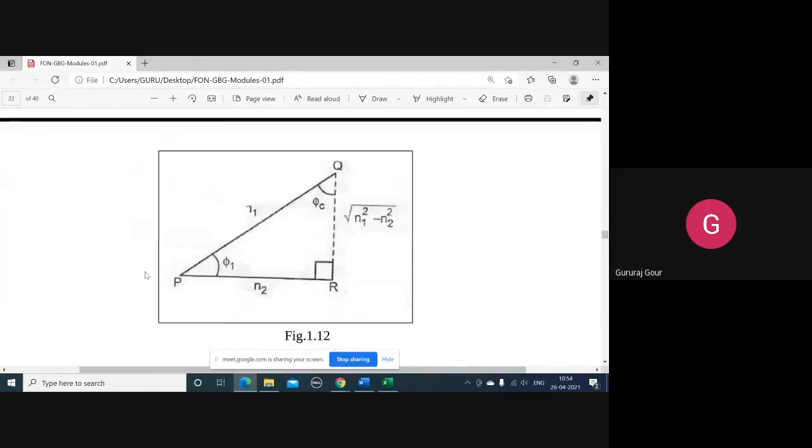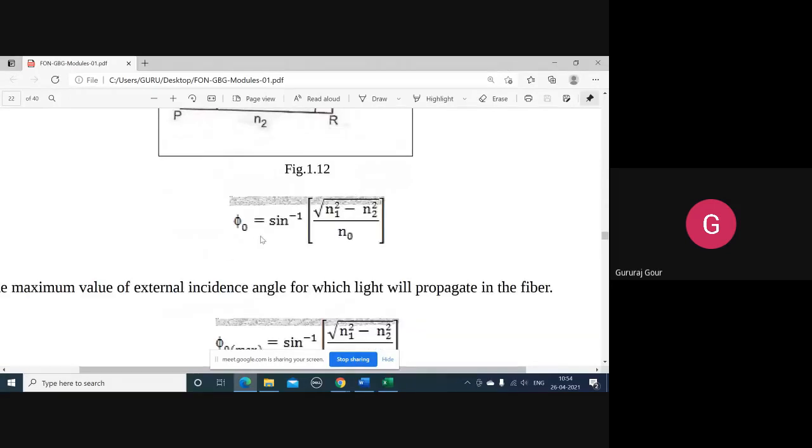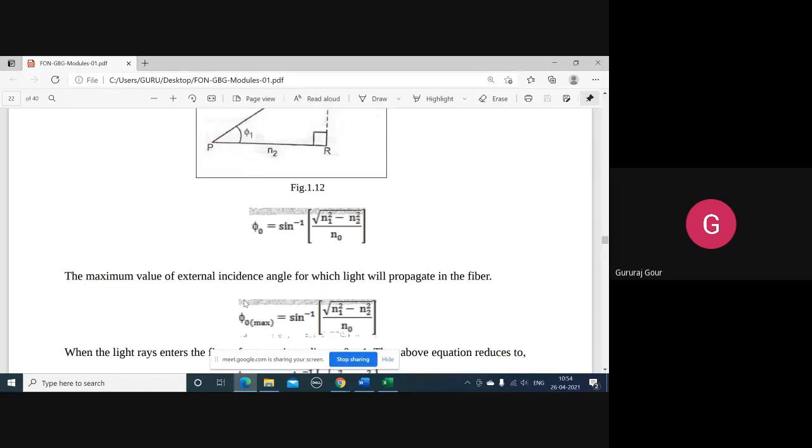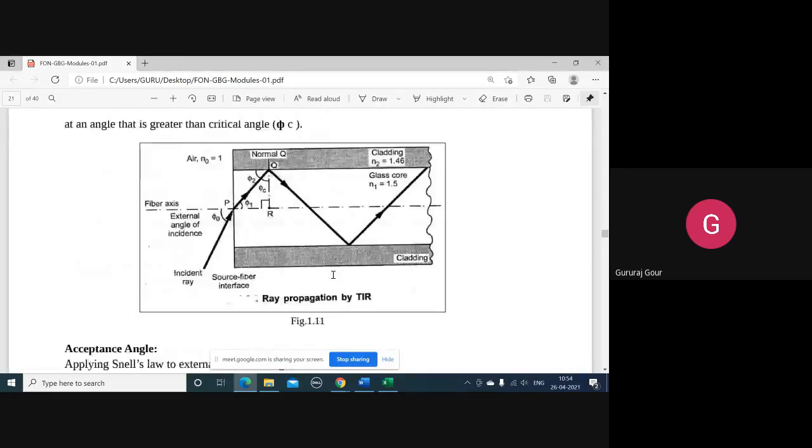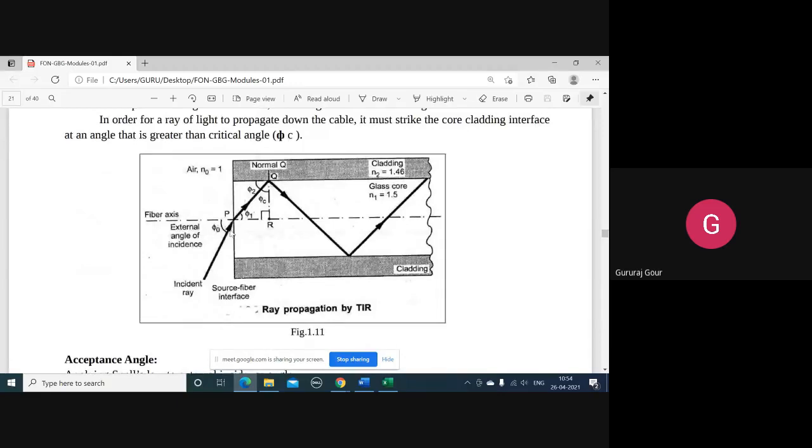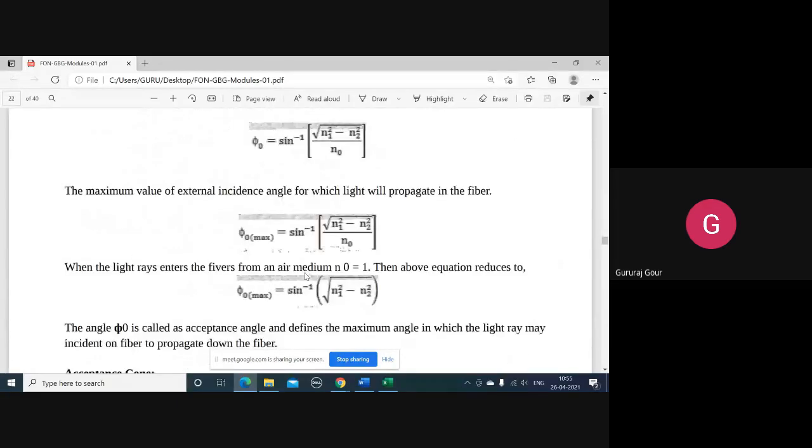and resolve this. You can see here I have shown a separate diagram. We will get the phi0 derivation that will indicate the maximum value of the external incidence angle. Phi0 we have shown, the external incidence angle. The maximum value you will get when the air index medium n0 is taken as 1. This is the maximum acceptance angle.